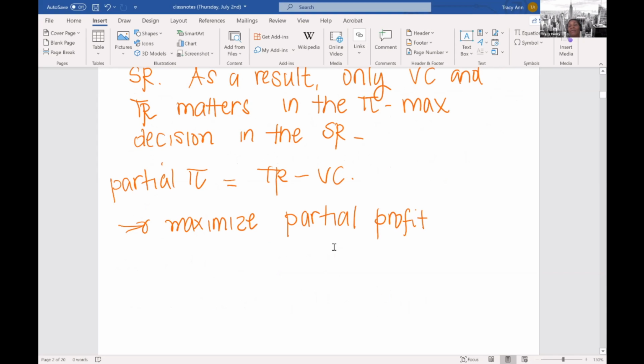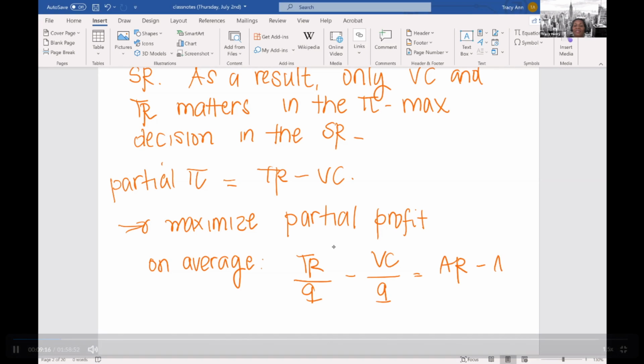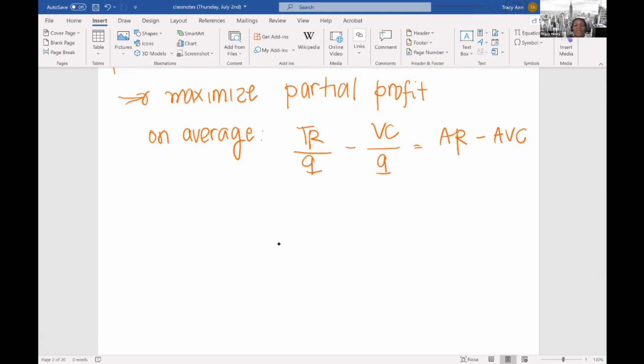Well, you could do it that way, or you could say, you know what, on average, total revenue over quantity minus variable cost over quantity is equal to average revenue minus average variable cost. So my point here is that the firm cares. If I produce Q equals 0, if I'm producing nothing, then my total revenue is equal to 0. I have nothing to sell, and my total variable cost is also equal to 0.